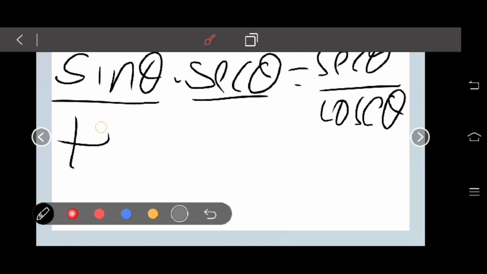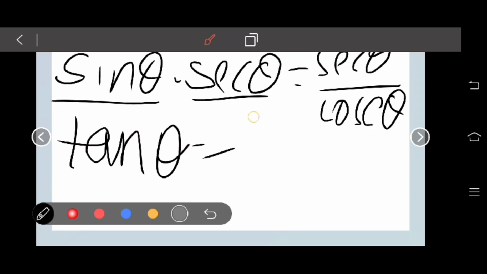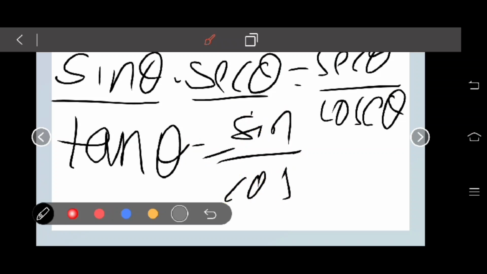Keep one thing in your mind. Tan theta is equal to sine by cos. Sine you keep as it is when it is multiplication. When changing from division to multiplication, the numerator stays the same, but the denominator becomes its reciprocal. What is the reciprocal of cos? Secant theta. So you multiply it with secant theta, because it is a reciprocal.